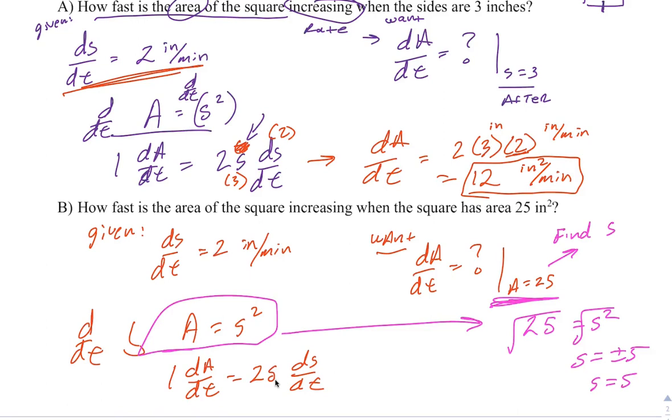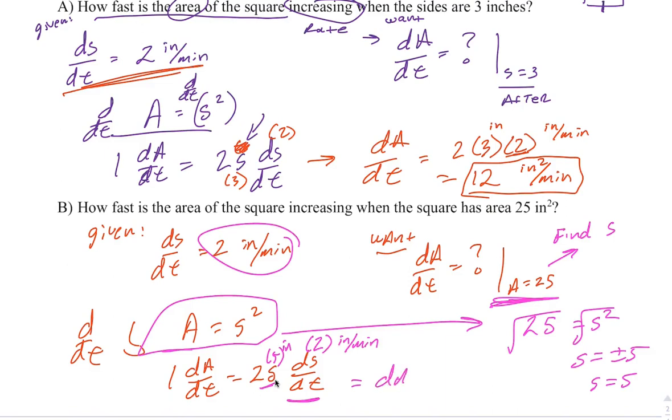So now we can plug our stuff in. We have s, which is 5, I just found out, 5 inches to be correct. We have ds/dt, which they gave us up here, 2 inches per minute. So I plug that all in.